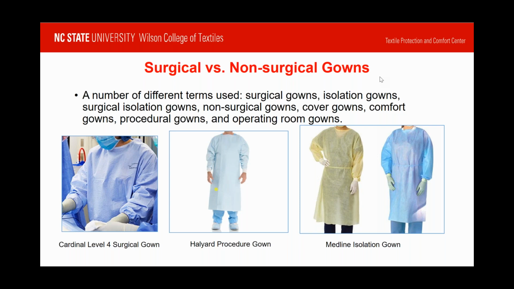And the reason is, why are these needed? Why are different types of gowns needed? Obviously within a medical healthcare environment, you need to be considering different roles that first responders and healthcare workers are exposed to.